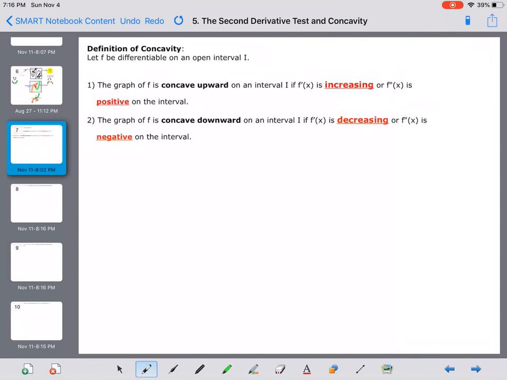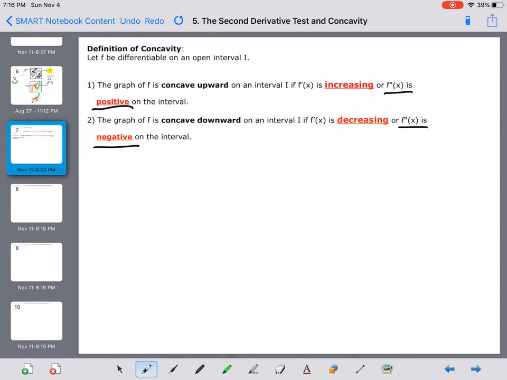Because you have to remember that our second derivative is the first derivative of the first derivative. I know that's weird to say, but we really have to start thinking about how all of these functions are connected to each other. And we say that a graph is concave down if our first derivative is decreasing or our second derivative is negative. So we're going to concentrate algebraically on that piece right there and that piece right there to determine concavity.